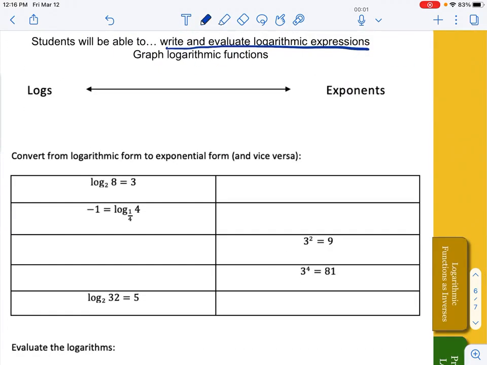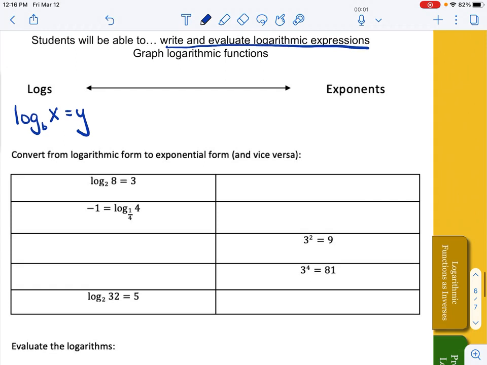So we have a sort of formula here. We have log base b of x is equal to y. In a similar exponential form, you can say b to the y is equal to x.